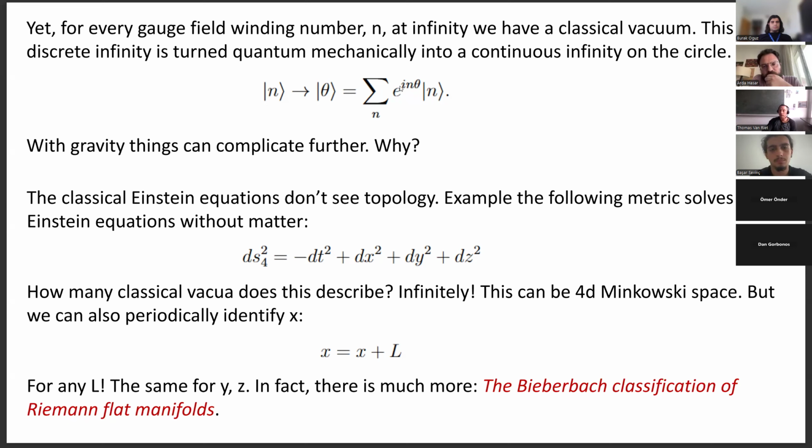And they're like specific superpositions of these winding gauge field states, right? And with gravity, things can even complicate a bit further compared to this picture. But I think this picture already in Yang-Mills theory captures a lot of the discussions about vacuum degeneracy in string theory. But so let me quickly explain that in gravity for you, right?